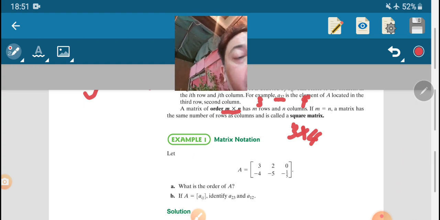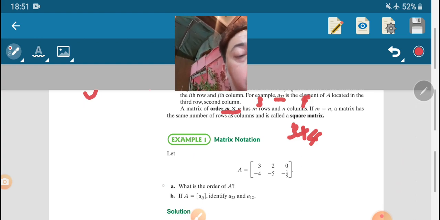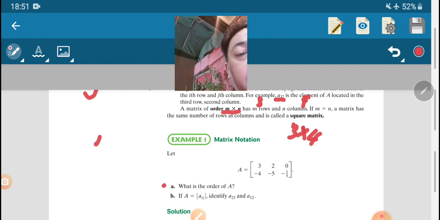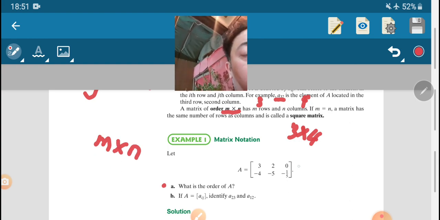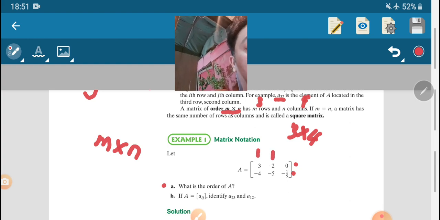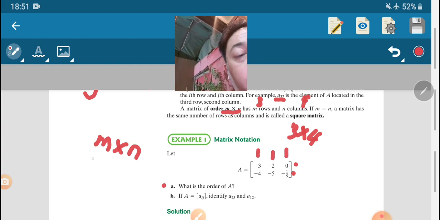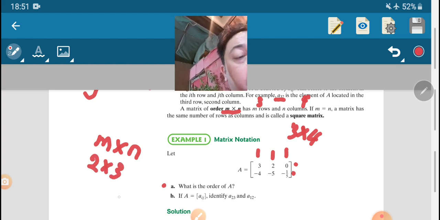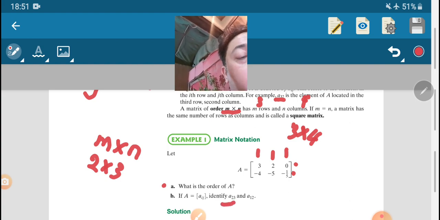Let's see. What is the order of A? First of all, the order of a matrix is m times n. M is the number of rows, 1, 2, and n is the number of columns, 1, 2, 3. So this matrix is of order 2 times 3: 2 rows and 3 columns. Where is the position of a_23?